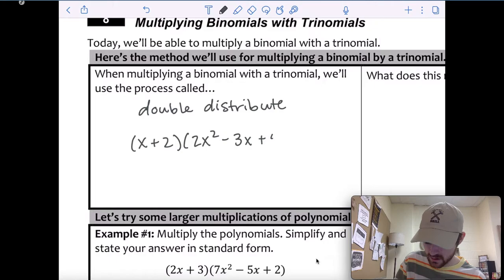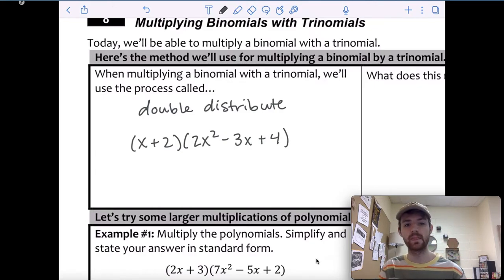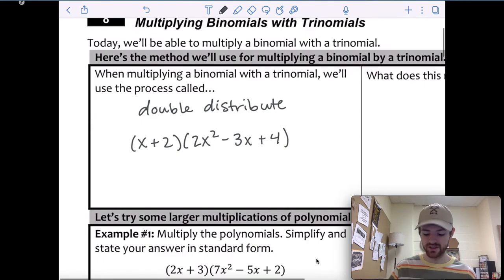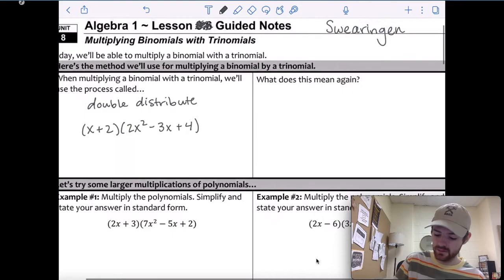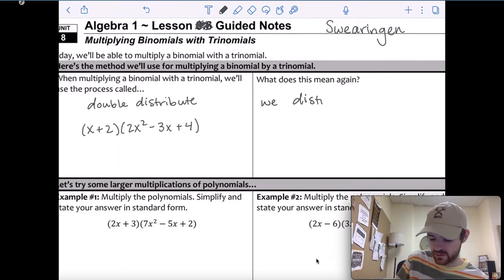Maybe something that looks like this. But it won't change our process. What does this mean again? I'll just say here that we distribute twice.